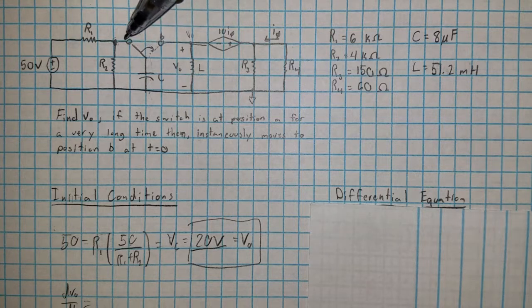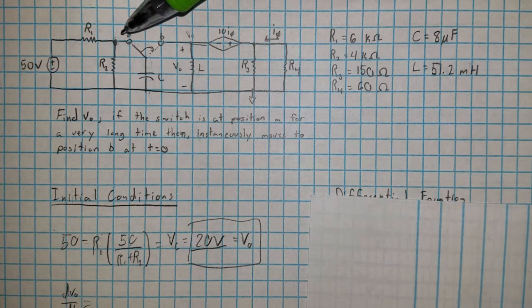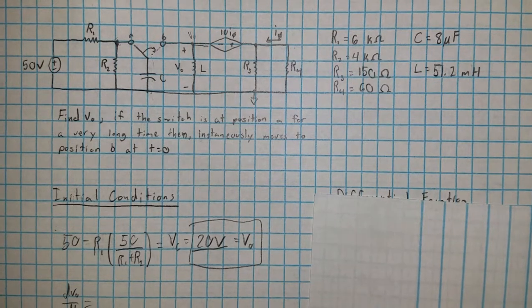If we know the voltage across the capacitor at time t equals 0, then we can solve for the voltage across the inductor at t equals 0, since when the switch moves to position B, the voltage across these two components will be equal. At time t equals 0, we're focused on this part of the circuit.